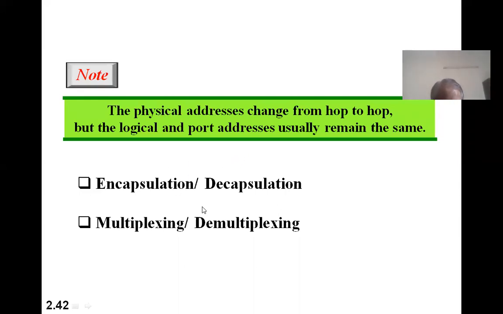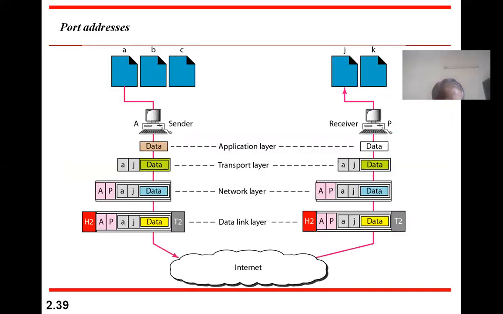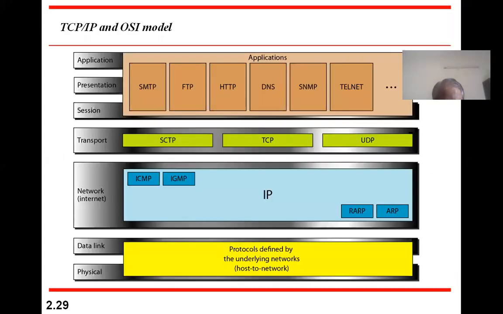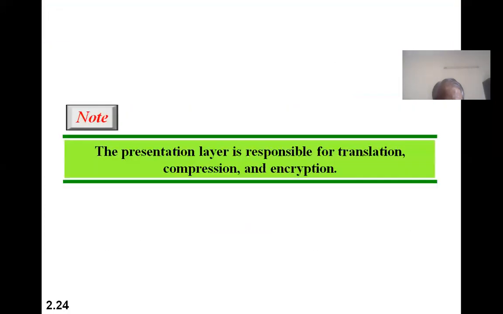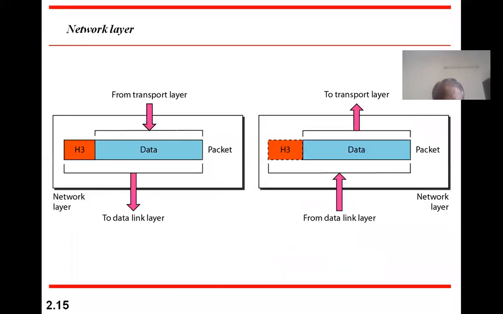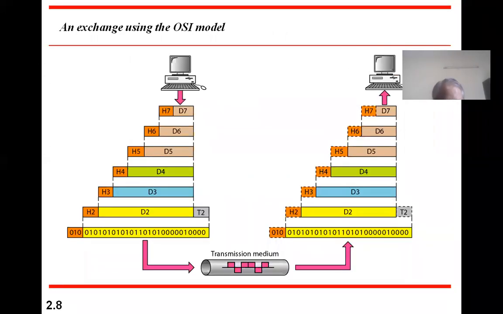Now coming to two more terms here: encapsulation and decapsulation. Encapsulation is nothing but, if you see here, let me explain. What we discussed here: when the message is coming, it is divided into small parts, and each part is dealt with at a time.